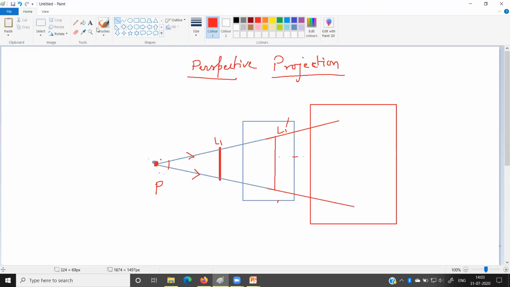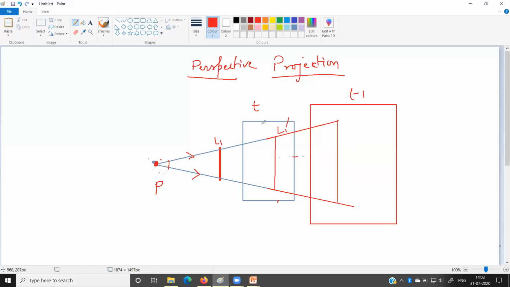So for the same object, as you change the position of the projection plane, the projected line is bigger compared to the previous projection. Let us say this is a projection plane which is taken at position T, and this is taken at position T1.